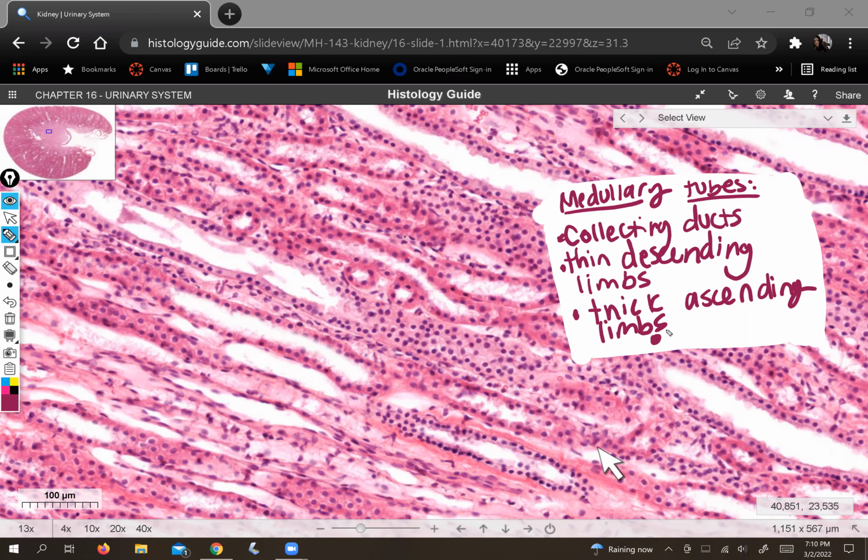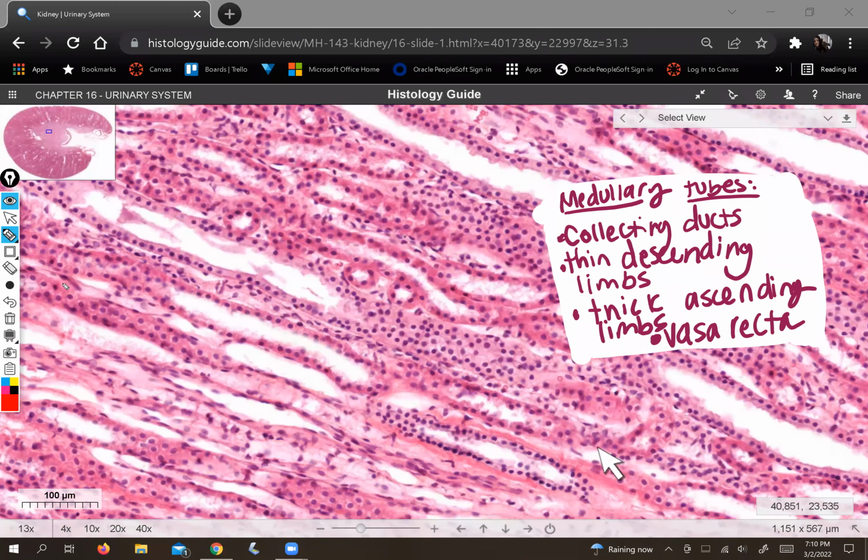And depending on how good of a slice we got, also elements of the vasa recta, which is a ladder-like capillary bed that surrounds the nephron loop. So let me just draw a schematic of that really quick, just so you have some point of reference.